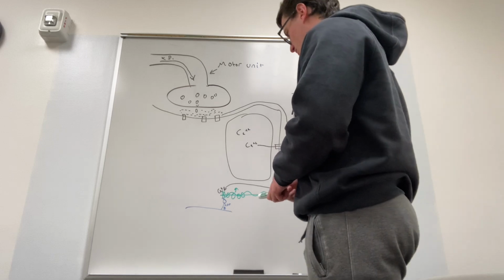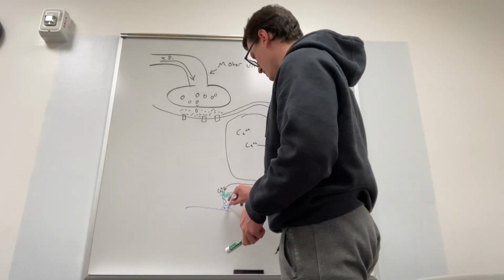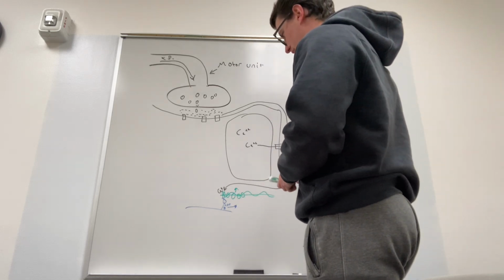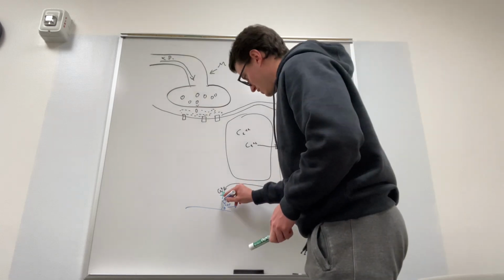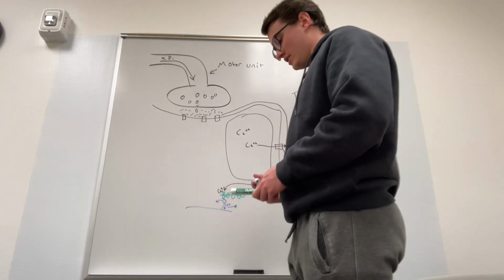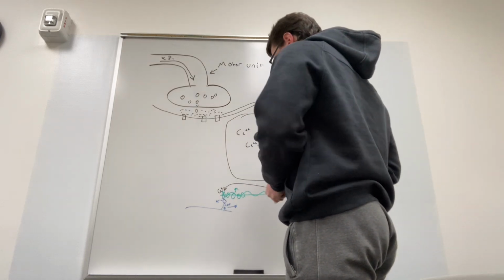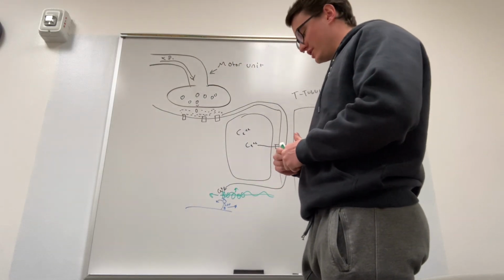Now once it's formed the cross bridge, ADP and this phosphorus are going to come off of the myosin head. The energy released from this reaction is going to cause the myosin head to cock that way, moving the actin filament inwards, which is going to result in a contraction.